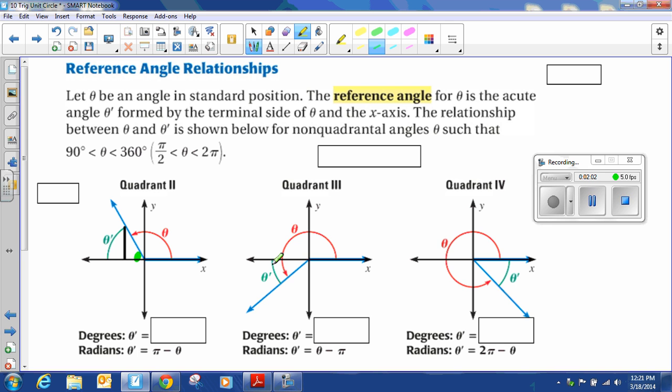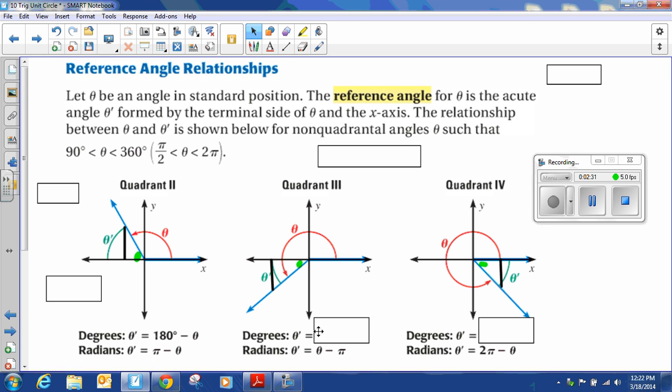You can do the same thing here. It'll be this angle there, and over here it'll be this angle there. Okay, and then I'll drop down this perpendicular, and we'll drop this perpendicular down here. Now you can figure out what this is just by subtracting from 180. You could do 180 minus theta when you're in quadrant 2.